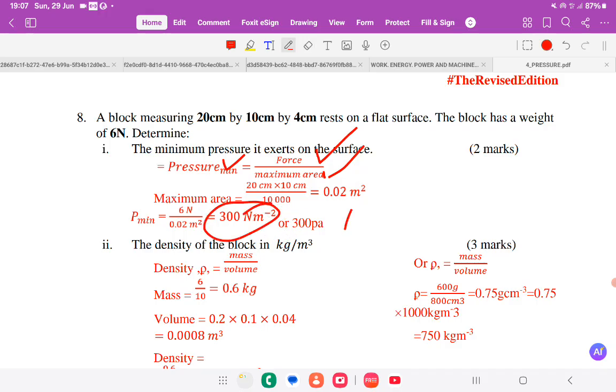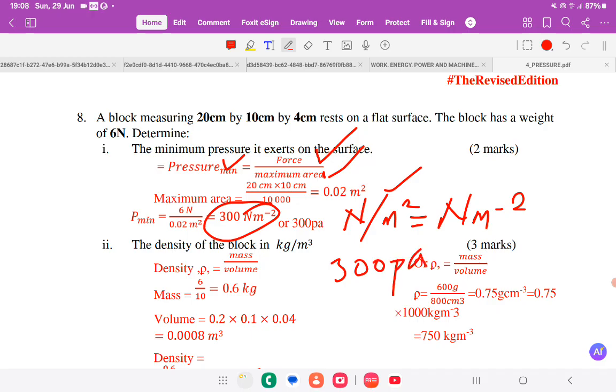Newton per square meter is just the same as Newton per meter squared, but you raise the m to the power minus 2. If you don't prefer to use the slash, just raise the m to the power minus 2. And this is the same as 300 pascals.